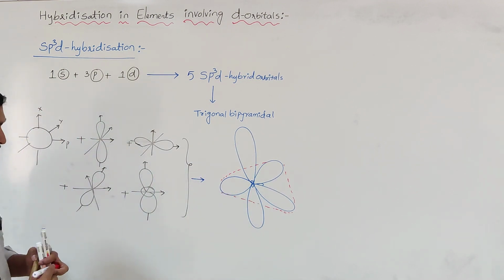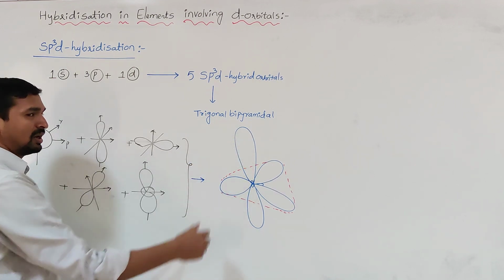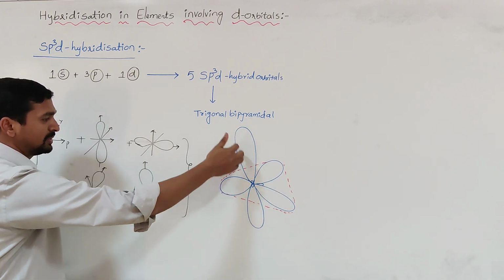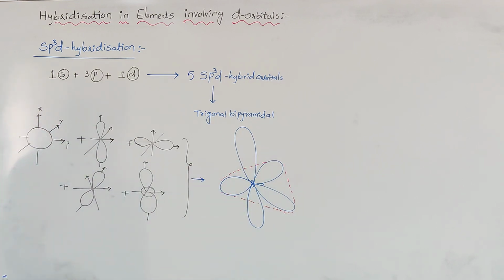Like that, the 5 sp3d hybrid orbitals adopt trigonal bipyramidal geometry. You know very well that the axial bond length is slightly greater than the equatorial bond length, so these axial hybrid orbitals are somewhat farther from the central atom compared to the equatorial hybrid orbitals.